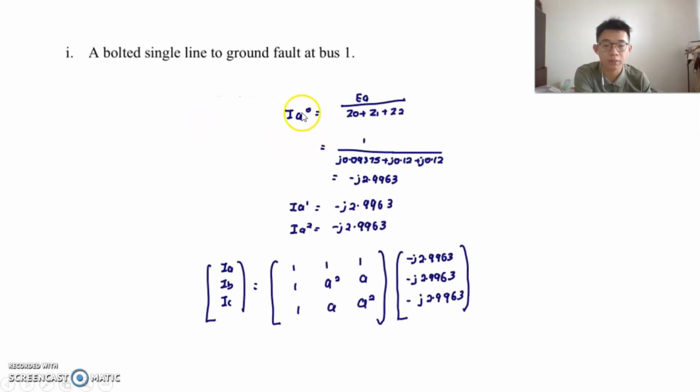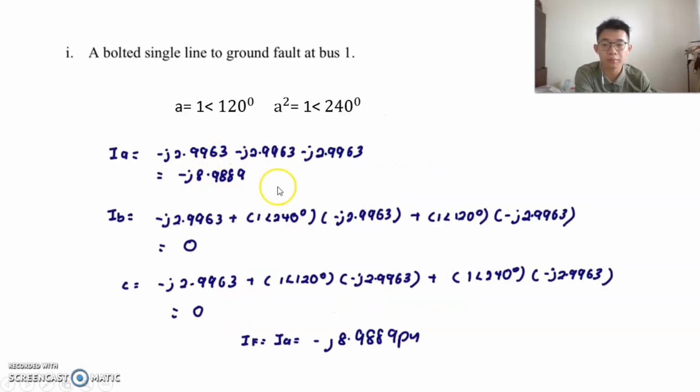After substituting them, we get IA0 equals negative J2.9963, and it's the same for both IA1 and IA2. We get the same current for all three of them, negative J2.9963, and then we substitute all three of these values into the matrix in order to get the current for each phase, IA, IB, and also IC.